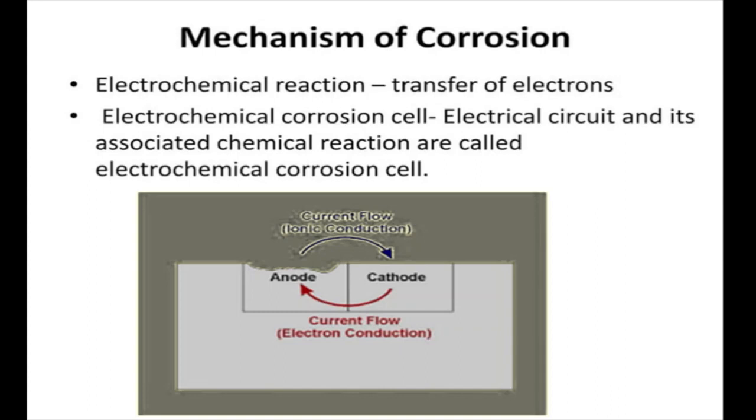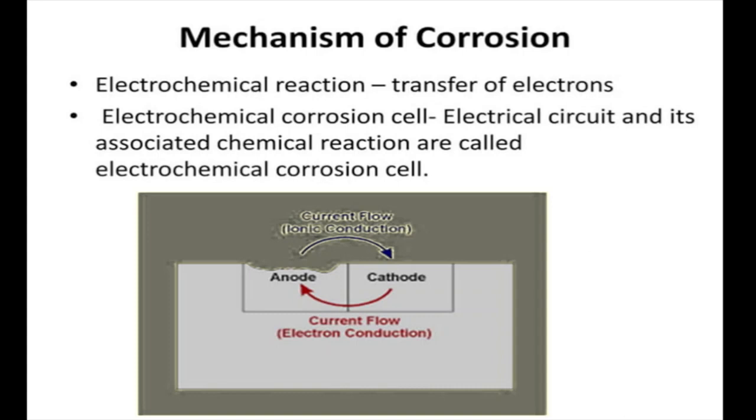First is the electrochemical reaction, and second is electrochemical corrosion cells. In the case of electrochemical reaction, electrons are transferred, and in the case of electrochemical corrosion cell formation, the electrical circuit and its associated chemical reaction are formed.